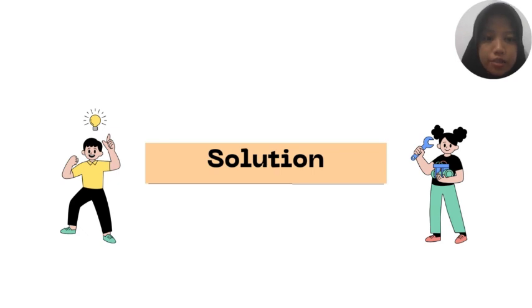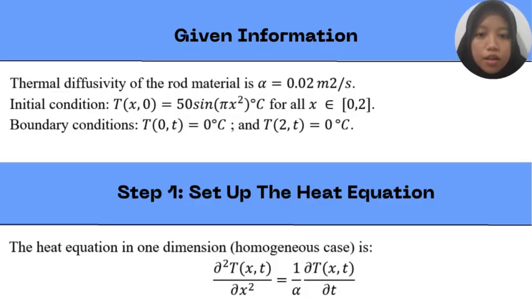Now is the solution of the problem that we have before. From the given problem, we know some information, such as the thermal diffusivity of the rod material is α, where α is 0.02 square meters per second.